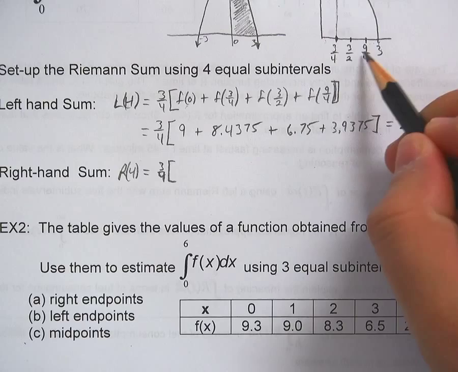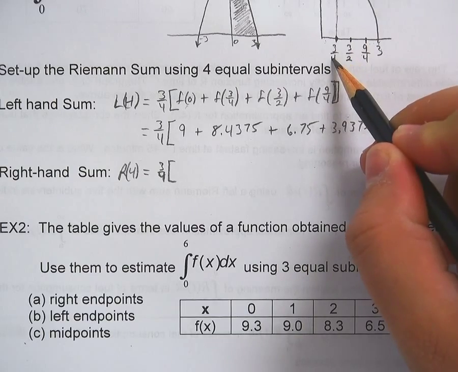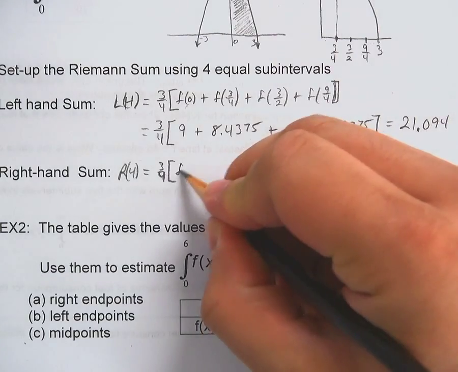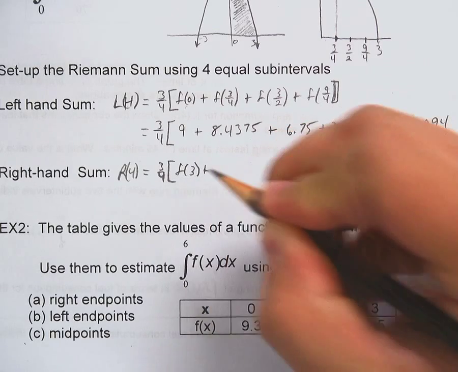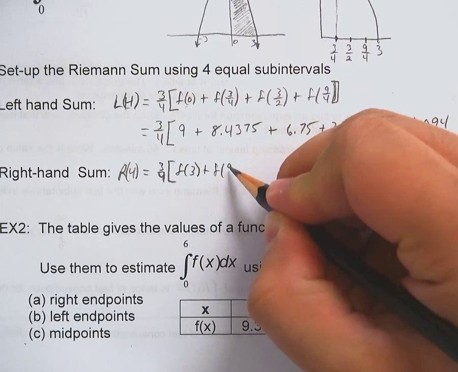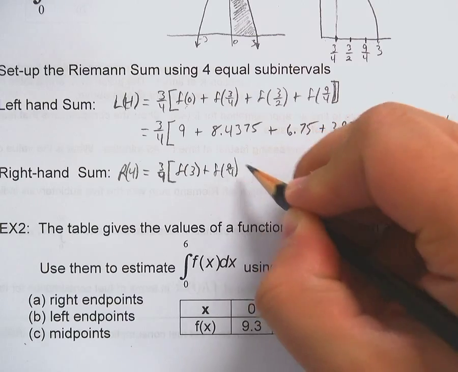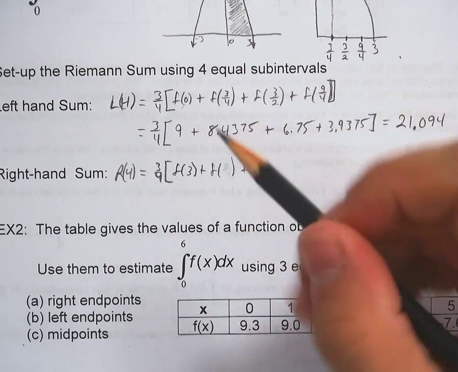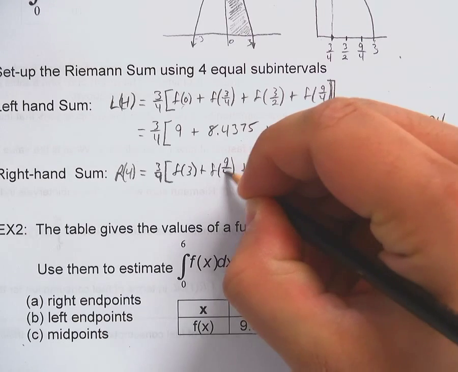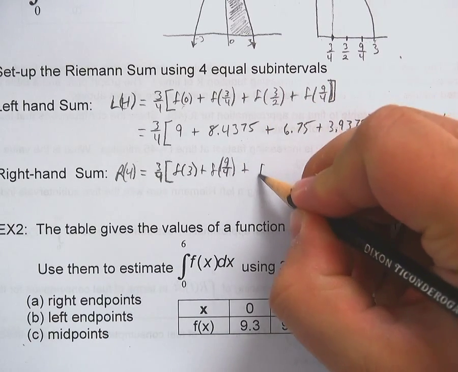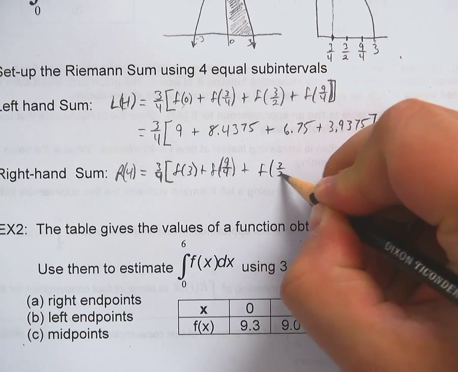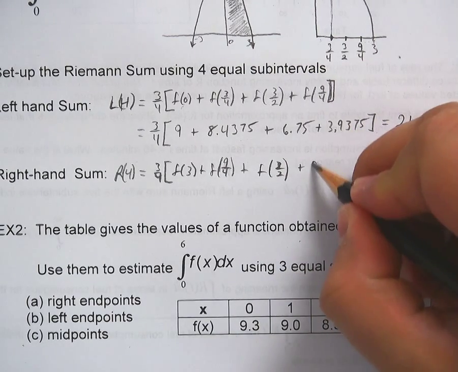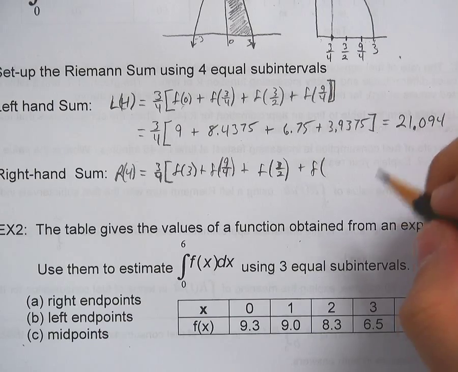So it's 3, 9/4, 3/2, and 3/4. So the only one I'm not doing there is 0. So I have f of 3 plus f of 9/4. That is a 9/4 right there. It doesn't look like it, but it is. Plus f of 3/2. Goodness gracious, I can't write this morning. f of 3/4.